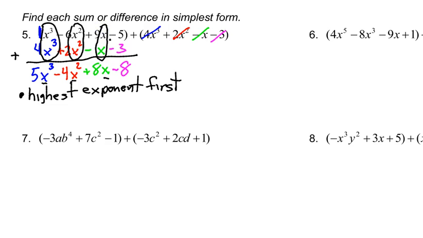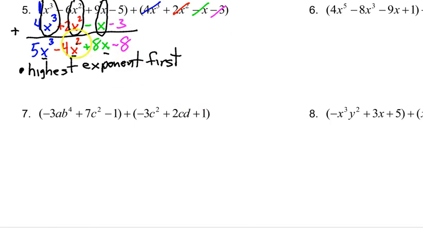Okay? So if we look at number 7, right below it, you see we have some different variables. We have some c squareds, but then we have ab to the 4th, and we have cd. So we just have to know really what you can combine together and what you cannot. Anything that's identical can be combined together, including numbers. Numbers count as their own category.